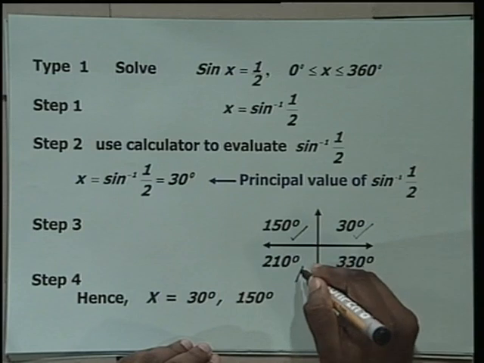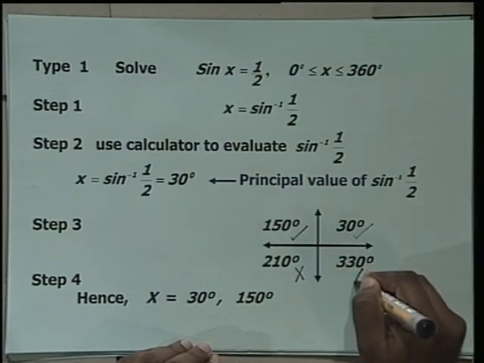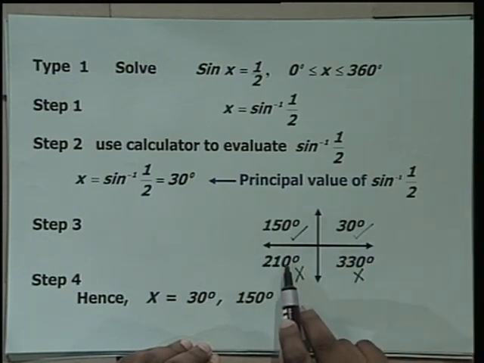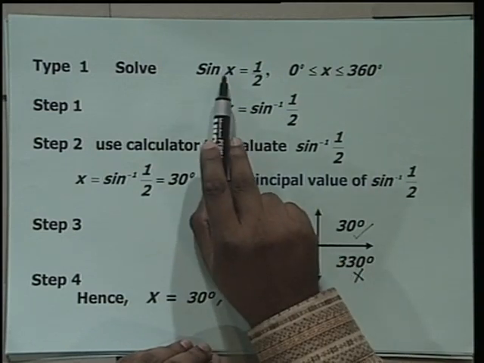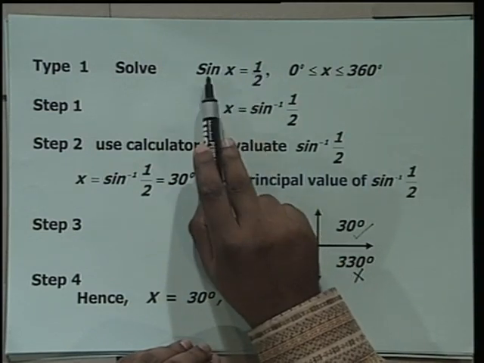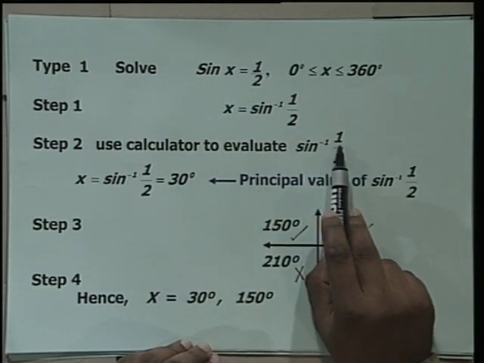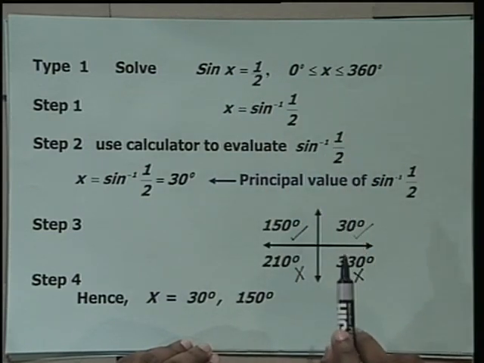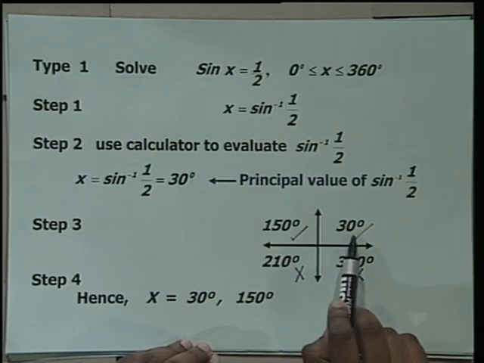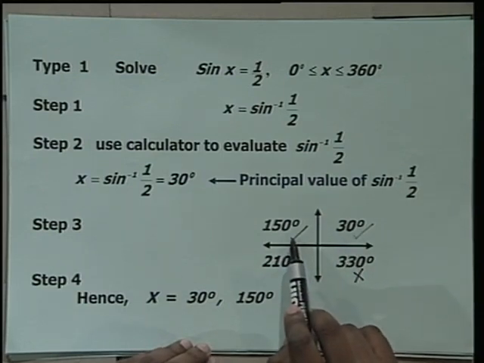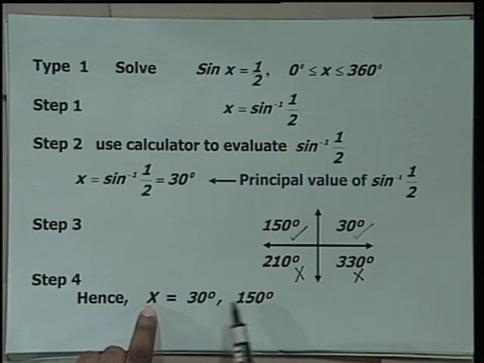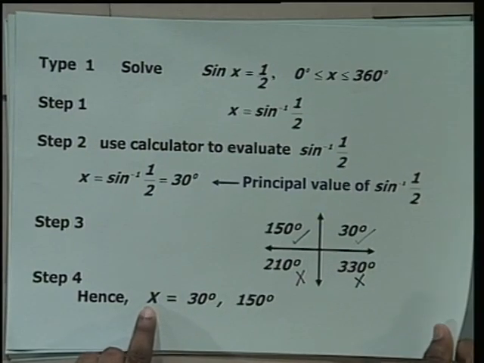We'll discard the angle in the third and the fourth, because sine is negative here and we are looking for positive. Sine x is positive half, or we are looking for sine inverse plus half. So we'll say sine inverse plus half is 30 and 150. Hence x equal to 30 and 150.